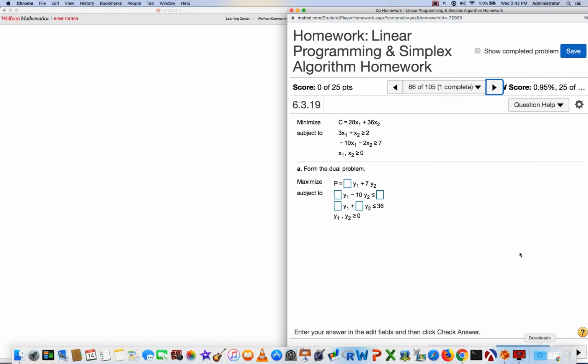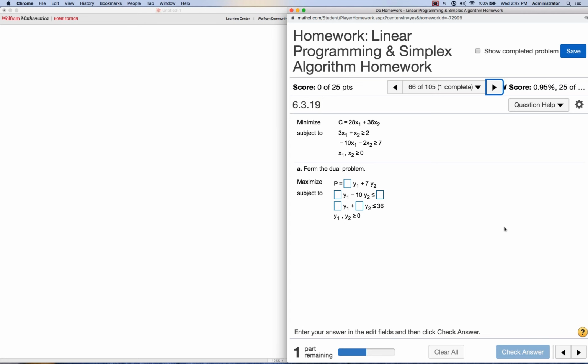So I'm looking right now at problem number 66. It says minimize C, and the reason they like to use C for the name of the objective function is because in the context of linear programming, a lot of minimization problems are based on cost functions. You're trying to minimize a cost.